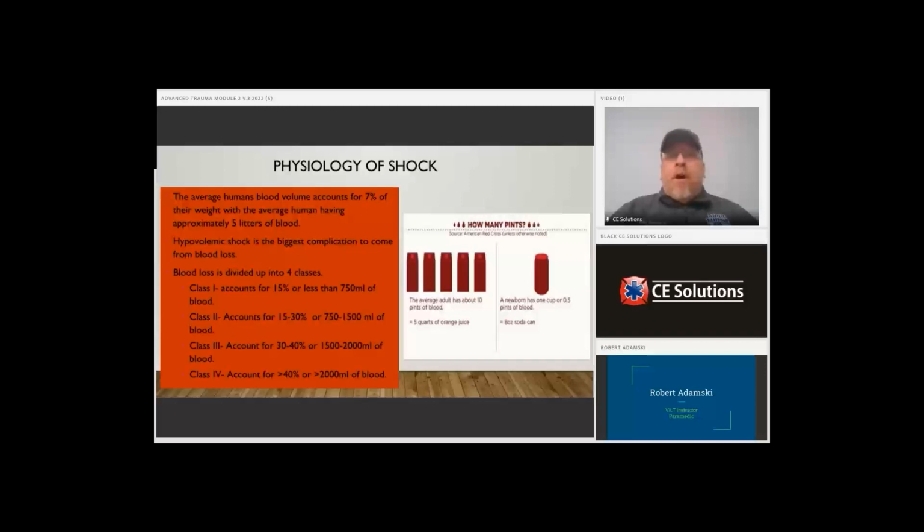Now, talking about the pathophysiology of shock. Remember, when we use the terms physiology versus pathophysiology, physiology is the normal functioning of the body. All right. Pathophysiology is when that functioning of the body is altered, usually in a negative sense, all right, due to either injury, trauma, or illness, all right, disease factors.